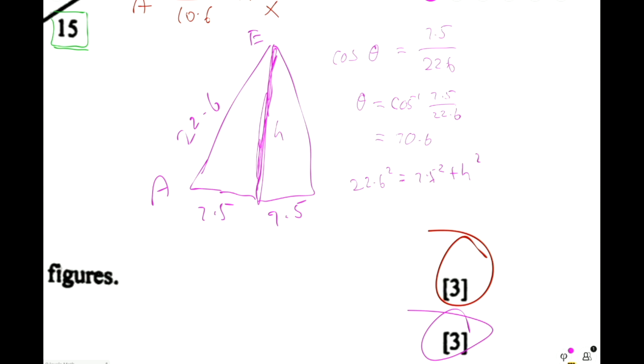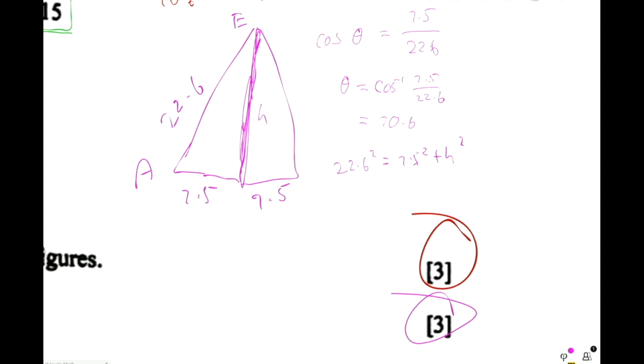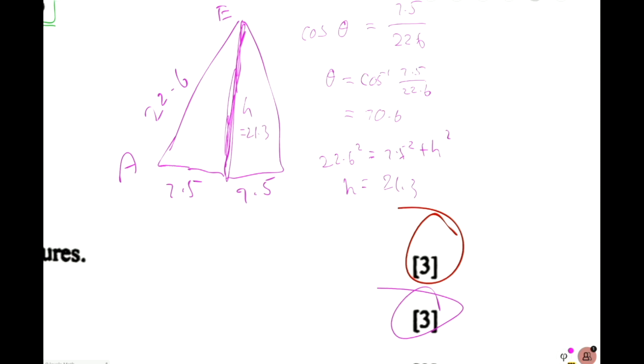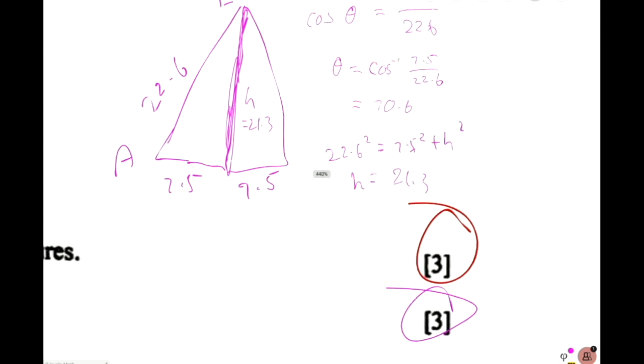Is it alright? So h is equal to 21.3. Now once I get h is 21.3, what's the area of each one of them?